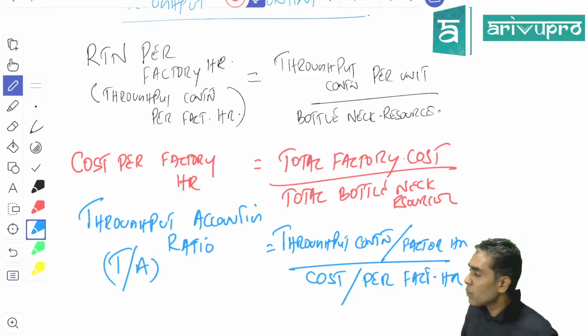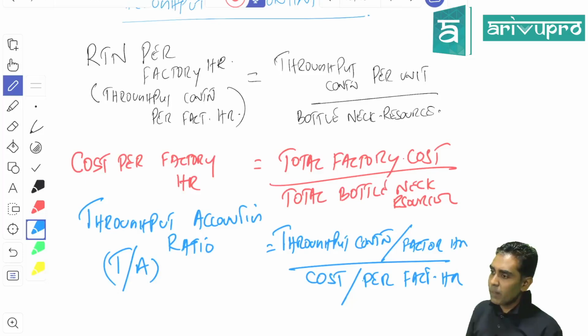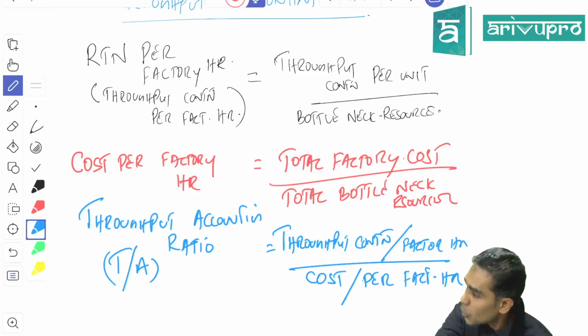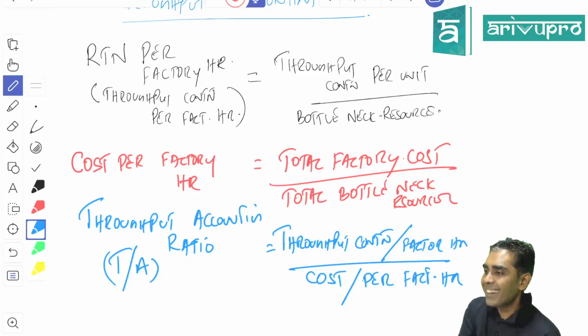Now you will ask me, what is the best system? No, you can't say throughput accounting is the best system. You'll have to go back and check in your company how your labor force is treated.